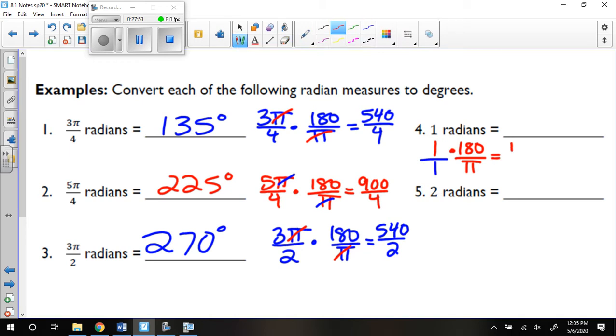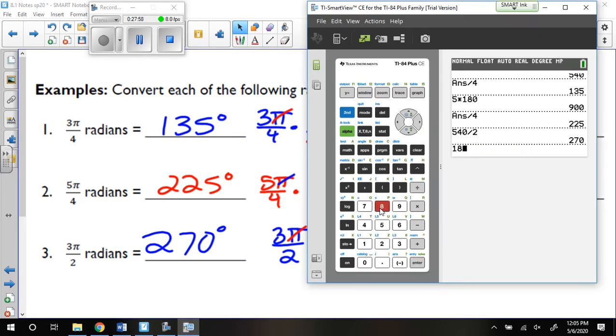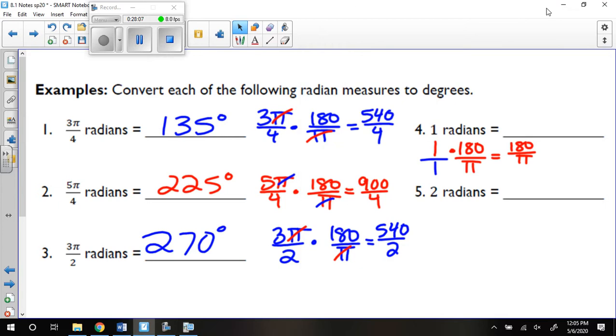So that means we have 180 divided by pi. If I type that in my calculator, 180 divided by pi, I get 57.3-ish degrees. And I'm going to make this a little squiggly equal. It's approximately that amount.